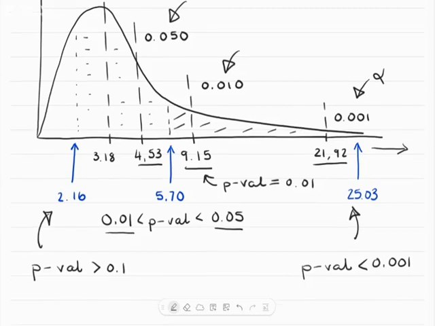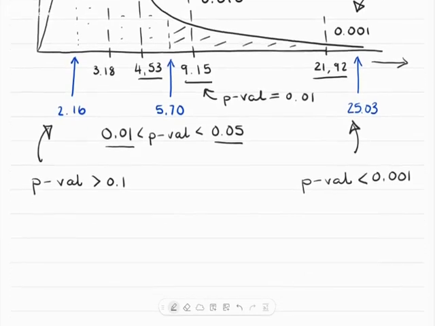Now, what if you had a two-sided test? Let's say, for example, an F equal to 5.82. We know that if it was a one-sided test, this p-value is between 4.53 and 9.15. So it's just the 0.01, 0.05 case. You can verify that for yourself. So this is for a one-sided.